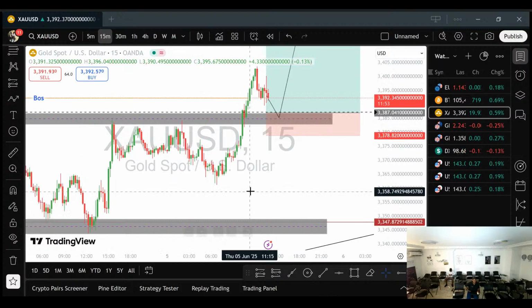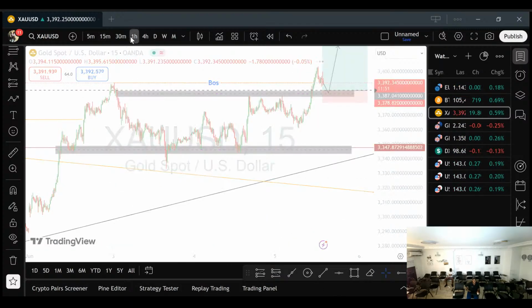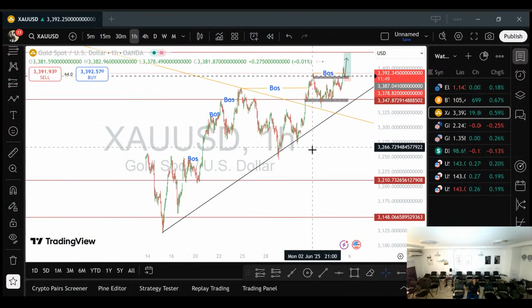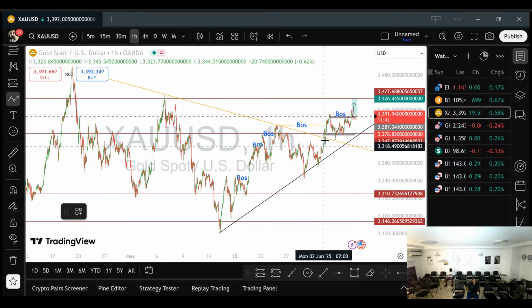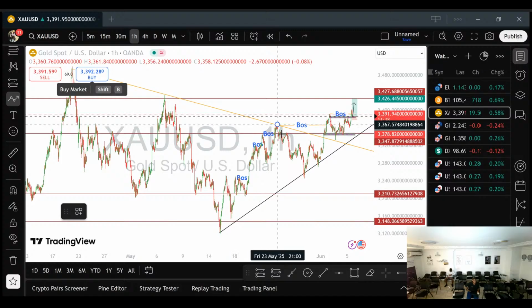Any questions so far? As I was saying, I've drawn the downtrend line that you were talking about, but then it has been broken. You see, it has been touched here once, twice, and then you can see that it touched here the third time, and then it moved down.